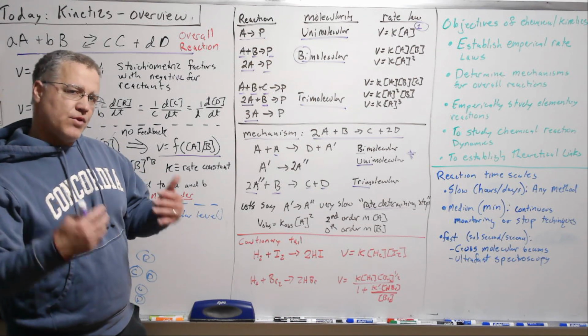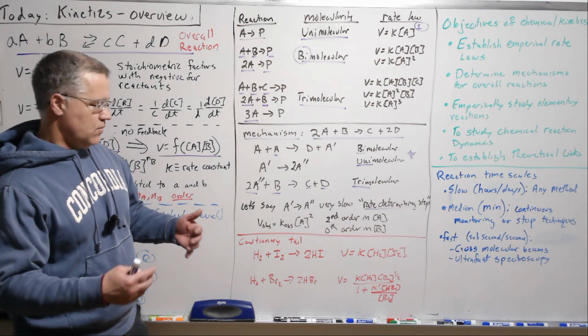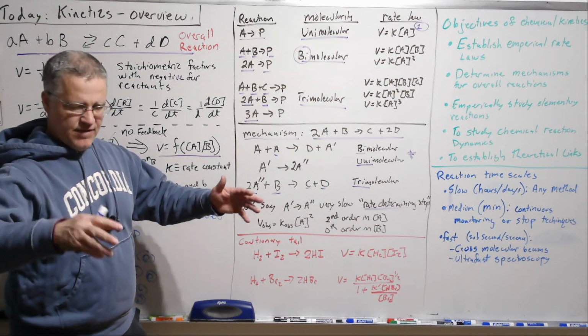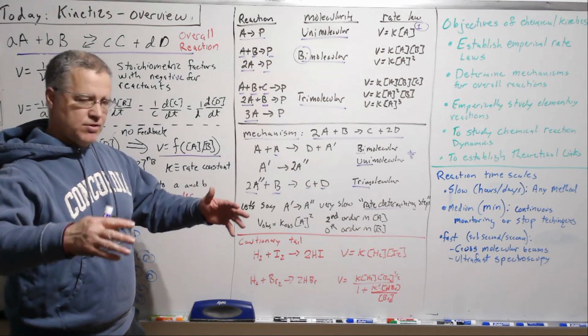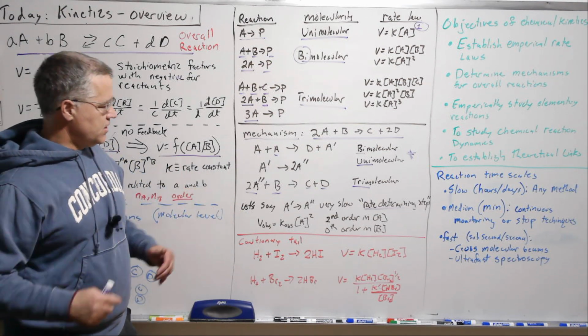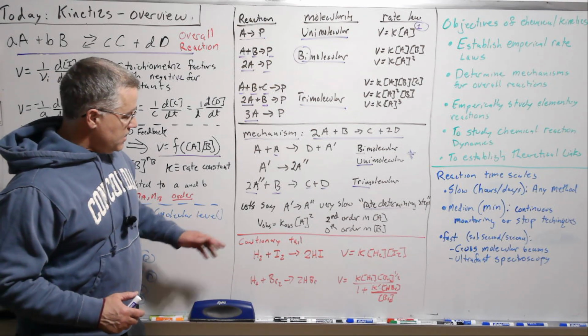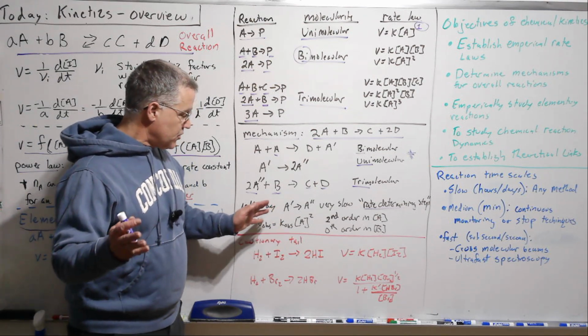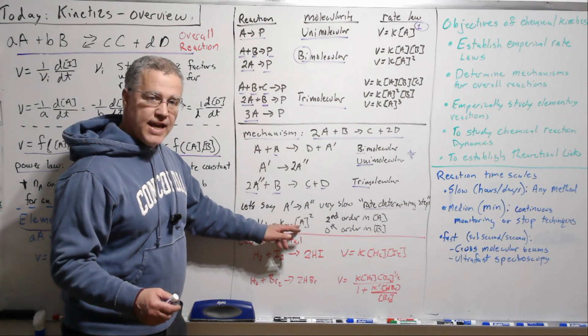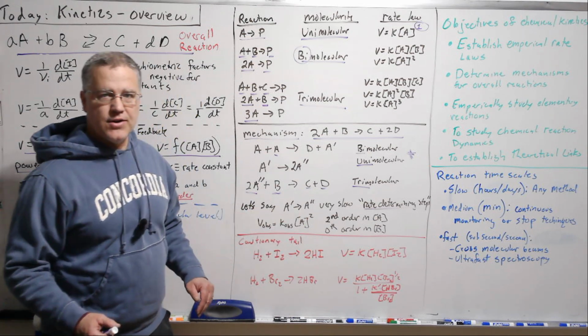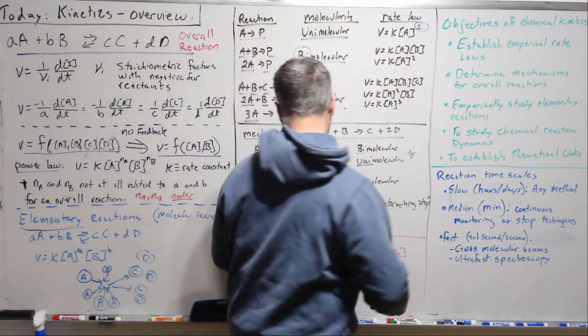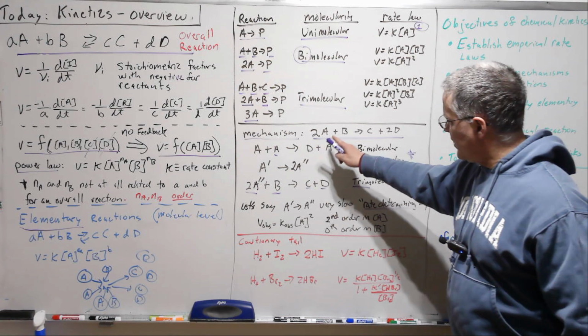And again, we're thinking about the case when we're early on in the reaction. So there's plenty of A around, plenty of B around. We're starting to get plenty of C and D around, but we're still early in the reaction. The observed rate would then be only dependent on A, perhaps A squared. Right? Now this is an overall reaction, so it doesn't have to follow the stoichiometry here.